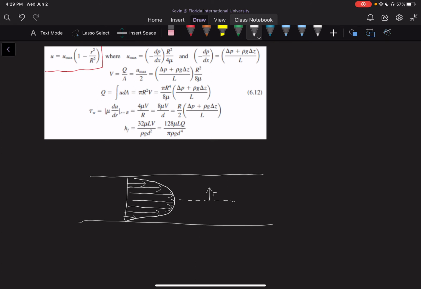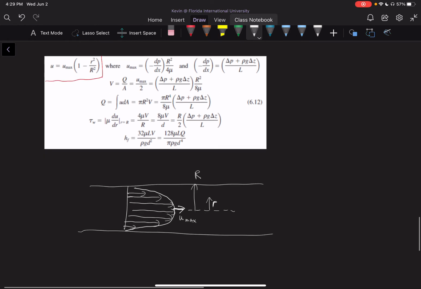Okay, where little r is the amount you're moving away from the center and big R is the full radius, you can actually find your u. So if you know your maximum velocity at the center, okay, this would be your u max, you can then find out any u that's along the profile as you get closer and closer to the wall. Okay, that's the first thing.